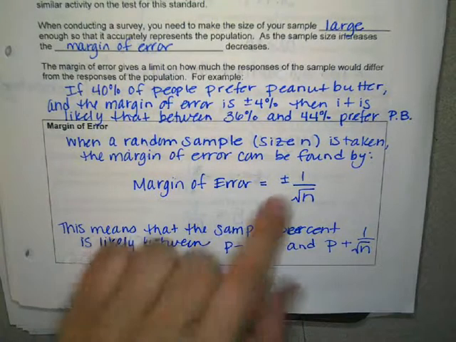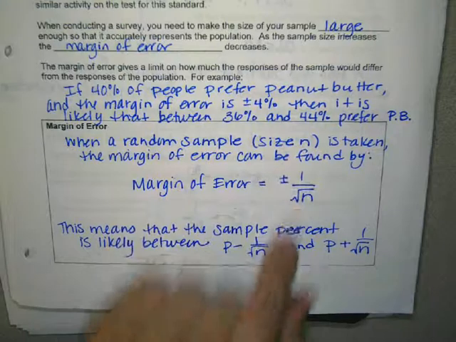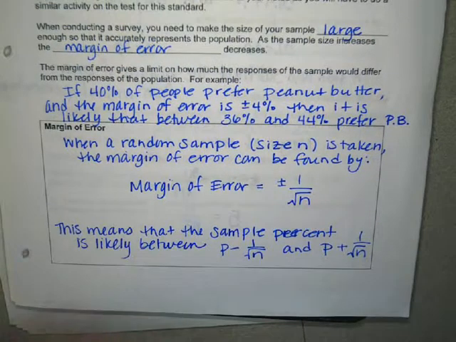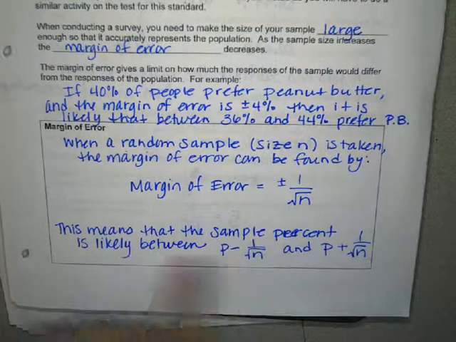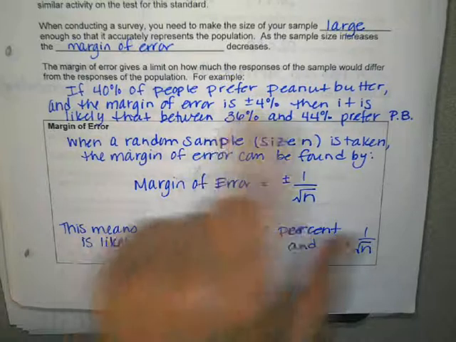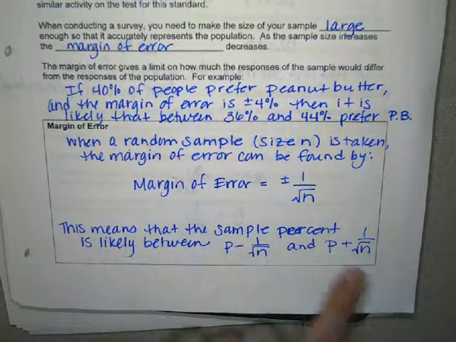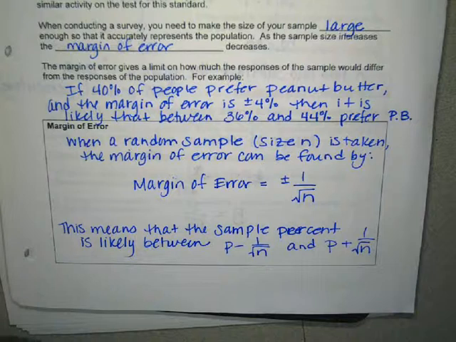So whatever the n is, that's the sample size. So maybe you're taking a sample of 100 people, so 100 people will go in there. Then you punch it out in a calculator, and this means that the sample percent is likely between those two values. So up here, we added and subtracted the 4 to 40% to get your range of values. That's all that means there, is that you add and subtract it from the percentage that's given to you in order to find your percent.